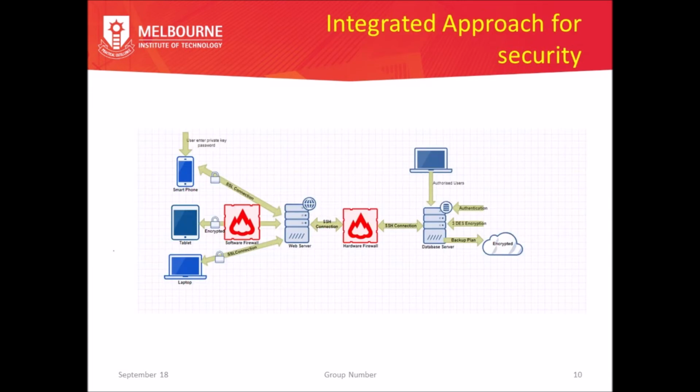Now I am going to talk about the whole approach for the security implementation for the developed system. The approach that I am going to talk about is the integrated approach for security. In this approach, mainly we have to consider two parts: first the user interface security and the database security.